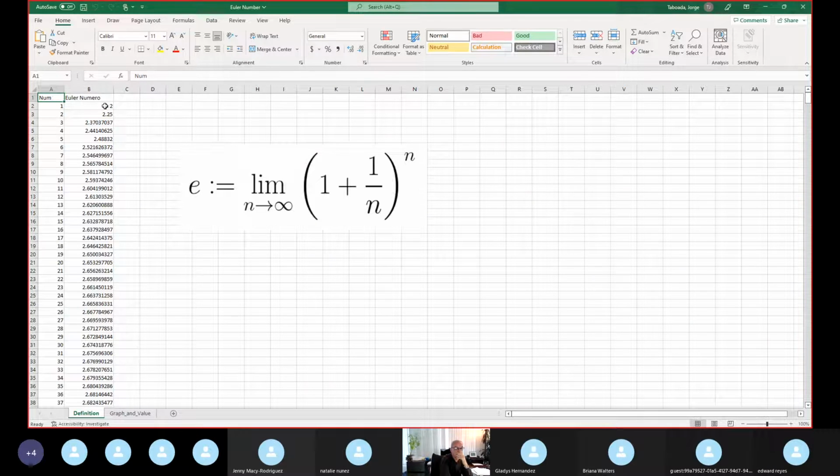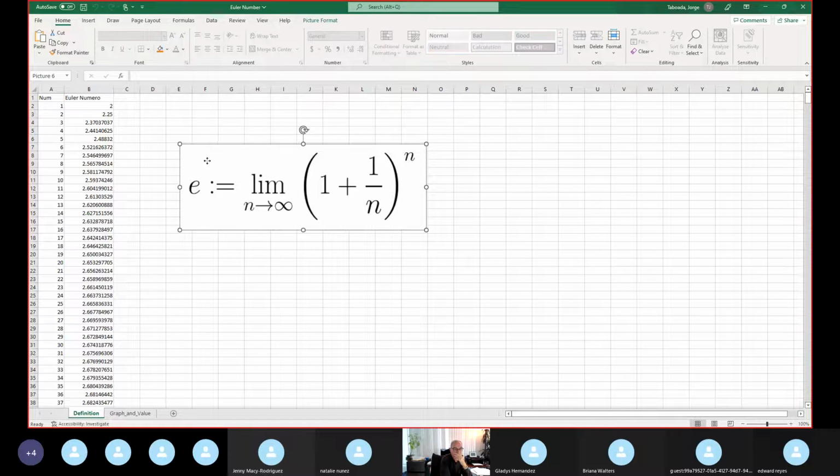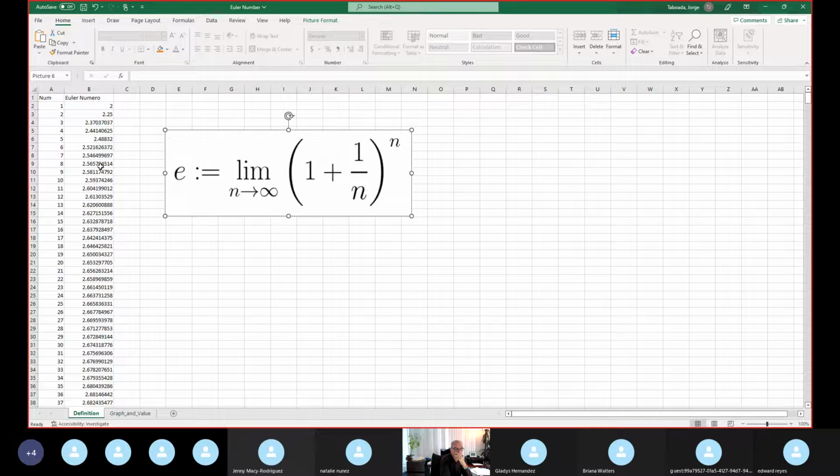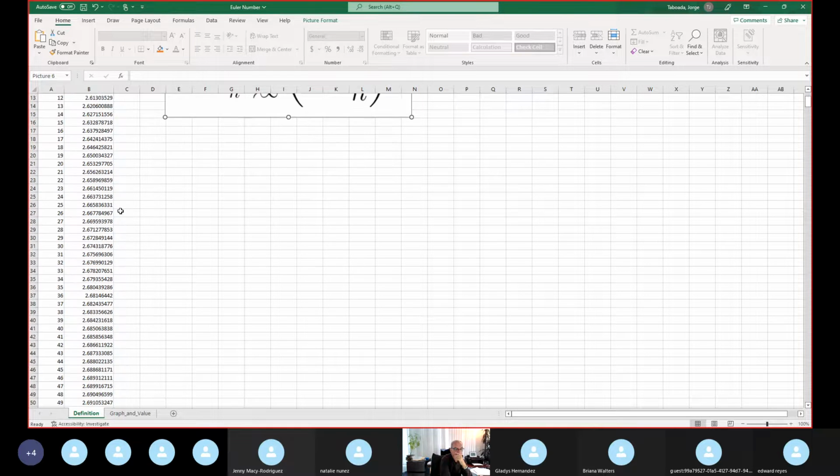And here I put the formula of Euler: 1 plus 1 over the number inside the parenthesis, raised to the n power. This is a definition. When you see in mathematics the colon and equal sign, it indicates a definition. This is one formal symbolic mathematical way to indicate a definition. Okay, now I'm increasing. Wow, look at that, too much.